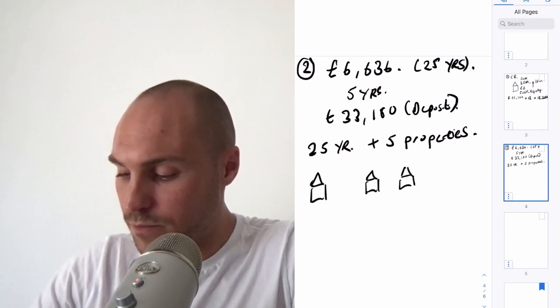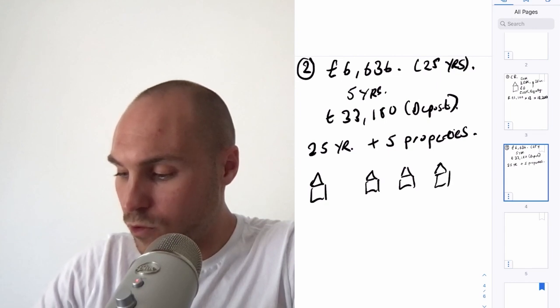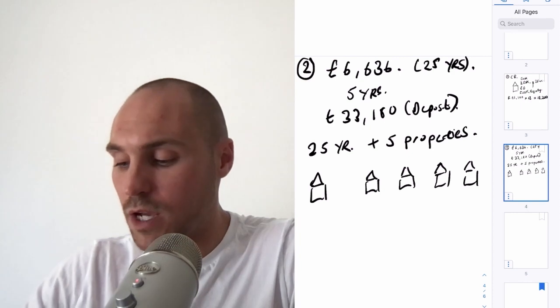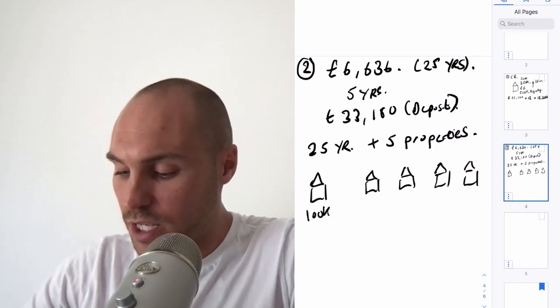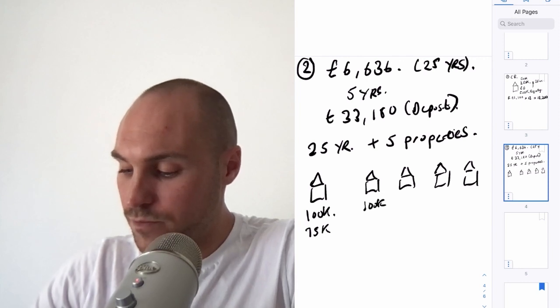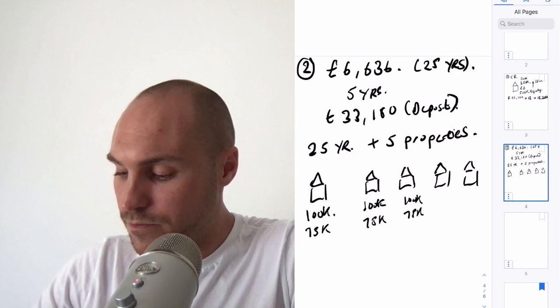So we buy another 5 properties that we add to our portfolio. And each of these properties is worth 100k, has a mortgage on it of 75k. So just multiply this out.